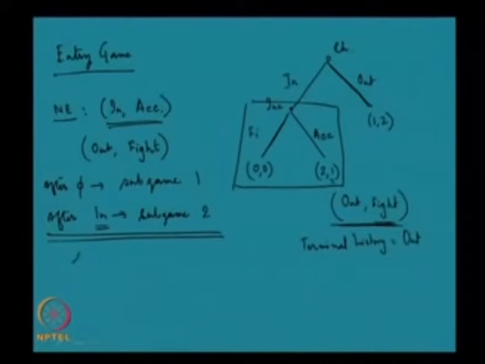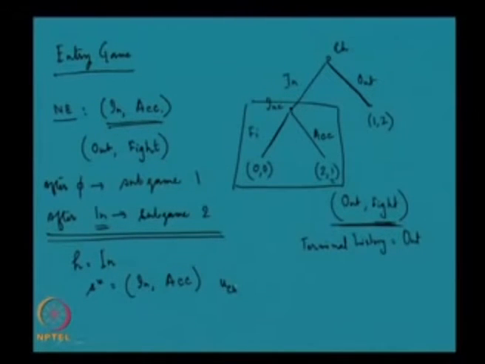Now here H is in, and what is the equilibrium strategy profile? It is in and accommodate. And what is the payoff of the first player, that is the challenger?